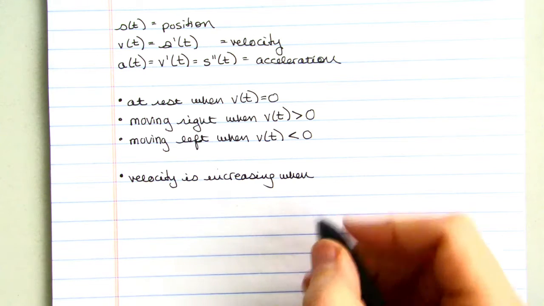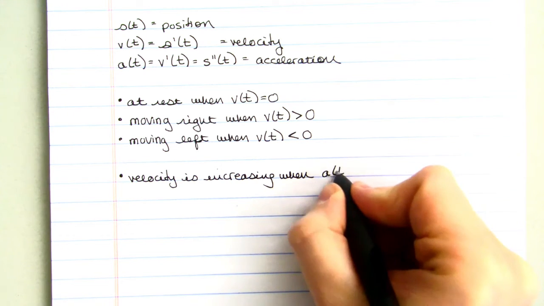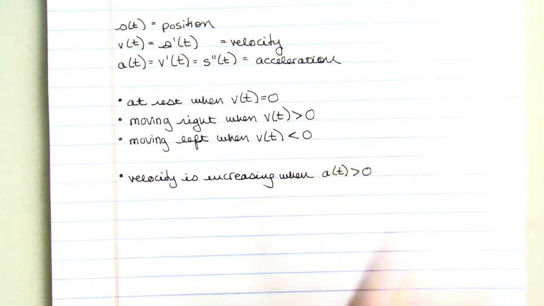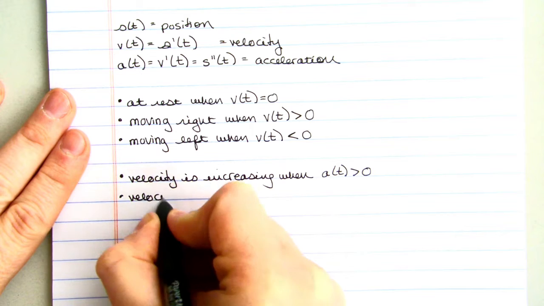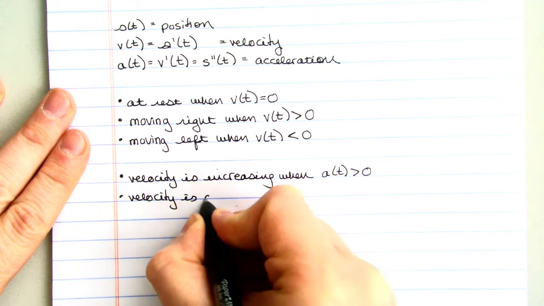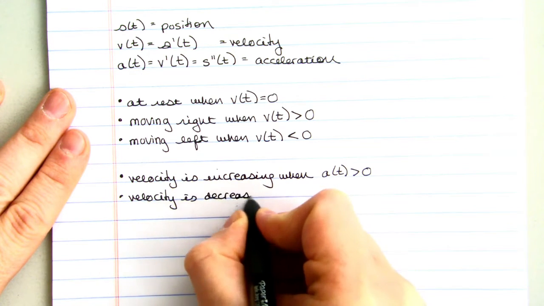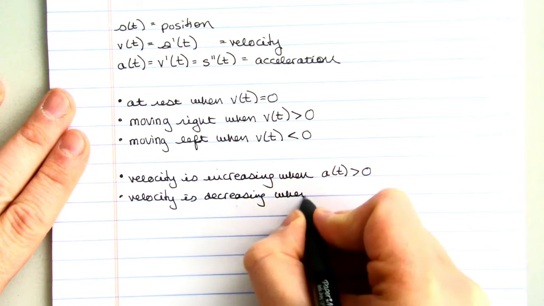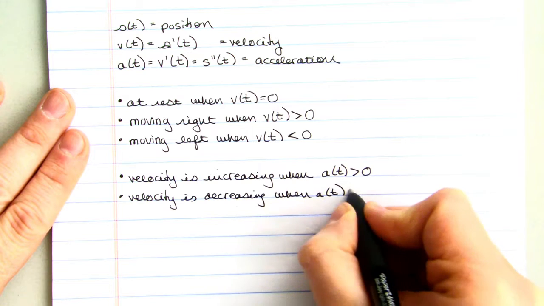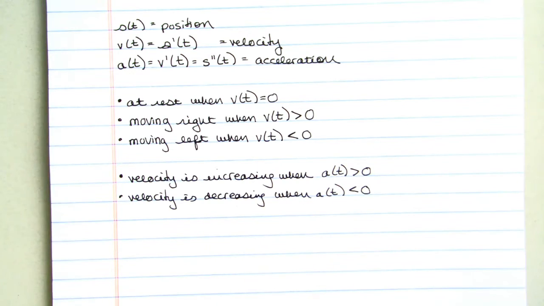When its derivative, which is acceleration, is positive. My velocity is decreasing. Anything is decreasing when its derivative is negative. The derivative of velocity is acceleration, so when A of t is less than zero. Take a moment, get those copied down.